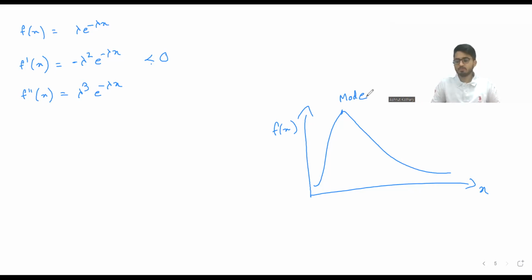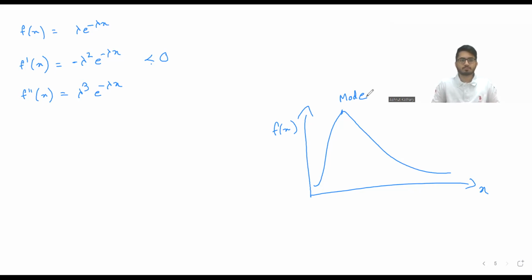So you can write it down. The first derivative is always negative, implying that fx is a decreasing function of x. Full stop.